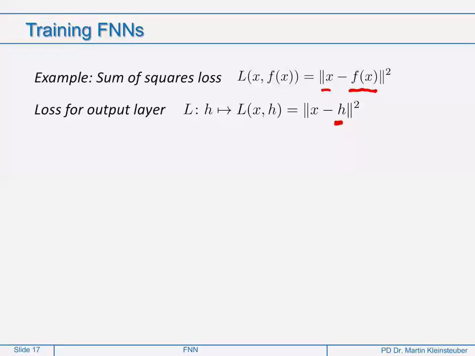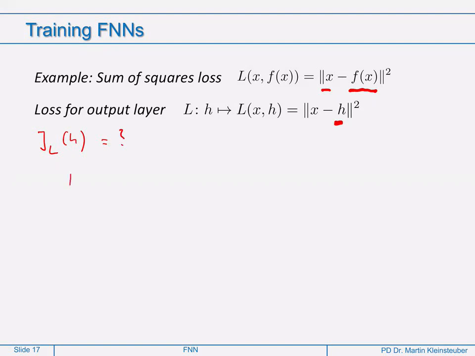and the Jacobi matrix here is, hold on, I have to turn that off. So what is the Jacobi matrix of this output layer L for some point h, and how do we compute that?